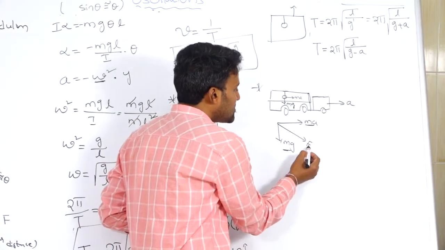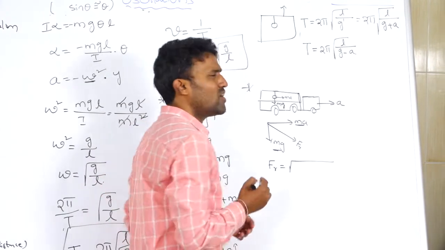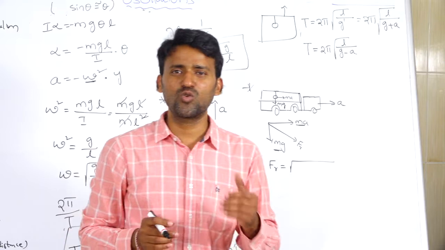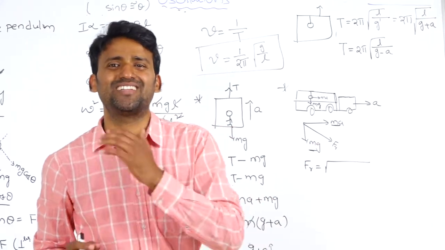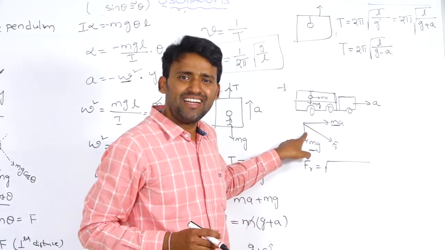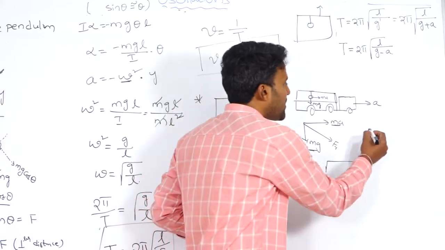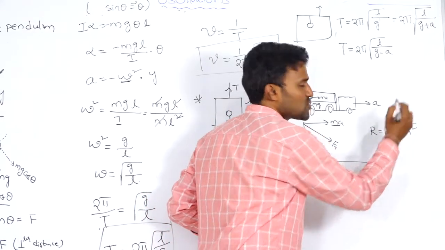At that time, the resultant force Fr is equal to under root of P square plus Q square plus 2PQ cos theta, which is the parallelogram law formula. Here, what is the angle between these two? It is 90 degrees. So we can write R is equal to under root of P square plus Q square.